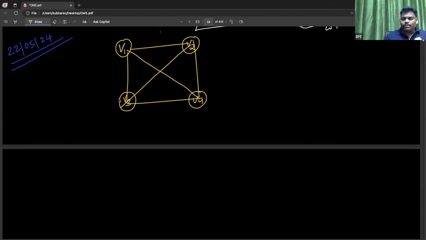Please, everyone listen. This graph contains how many vertices? Graph theory is almost over, one or two classes are left. Graph theory being over means half of discrete mathematics is done. Let's complete graph theory also.